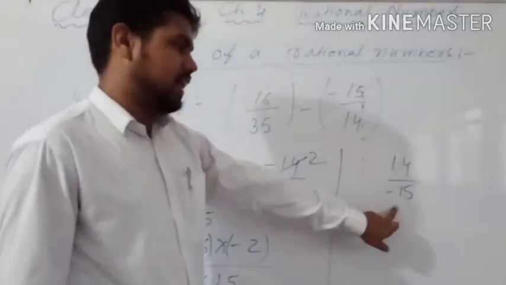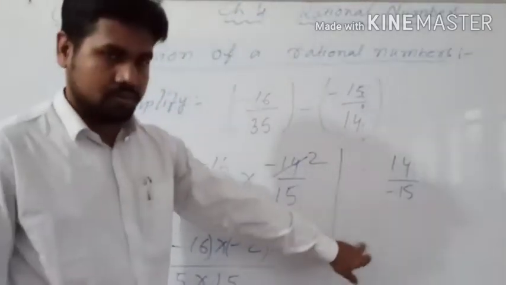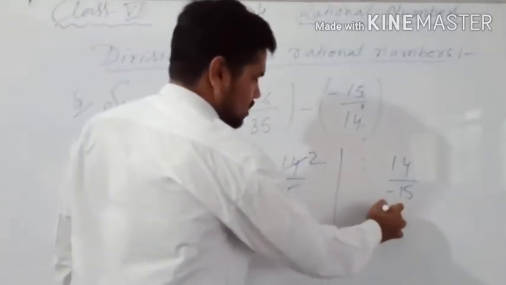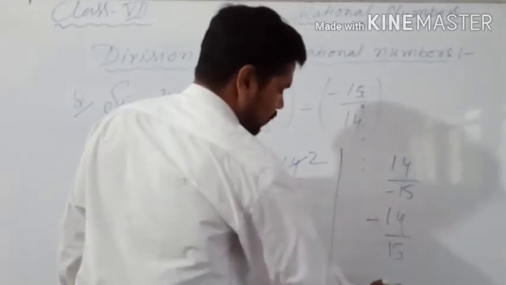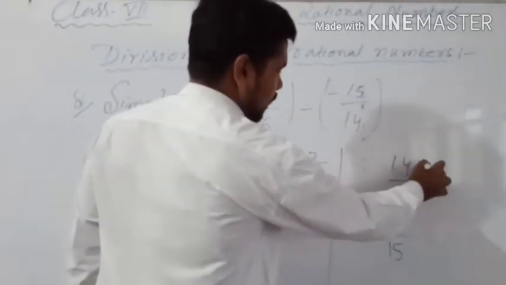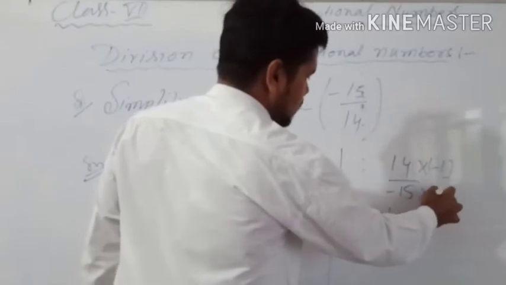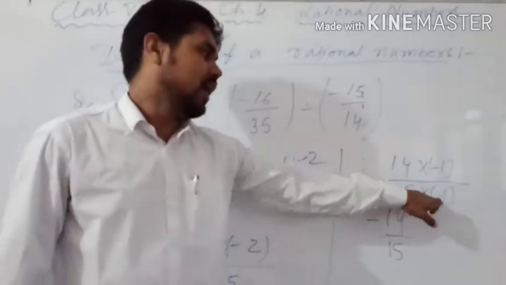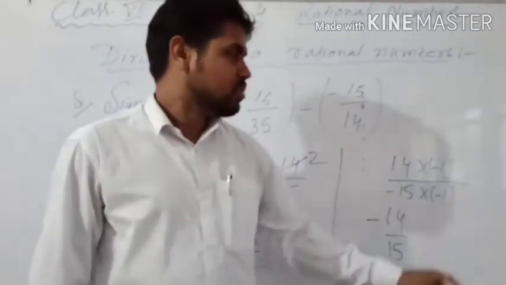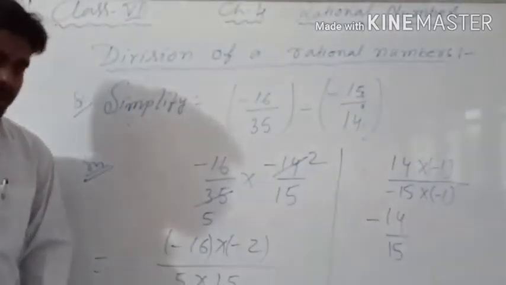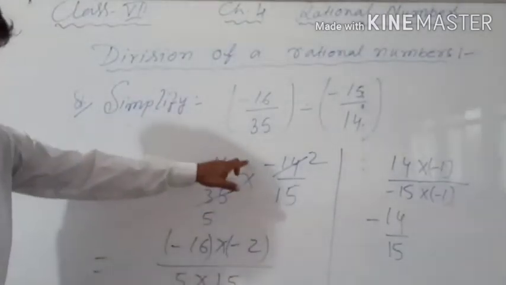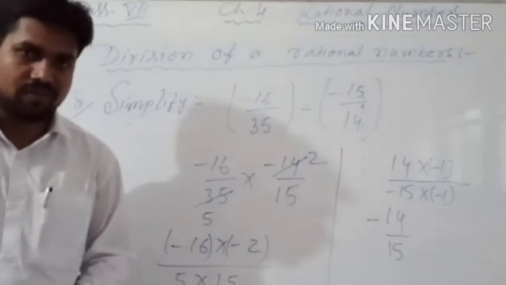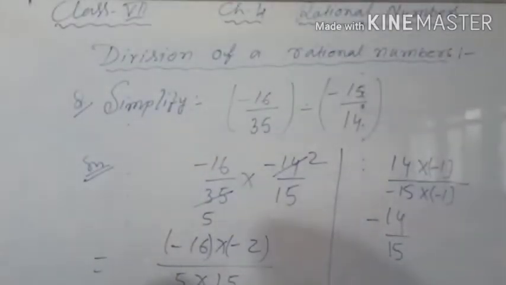We have learned in fractional numbers that 14 by minus 15 can be written as minus 14 by 15. How? By multiplying minus 1 with the numerator and also with the denominator. So it will be minus 14, and minus minus is plus 15. The rest we have already learned from the multiplication of fractional numbers, so you do it the same way. This is how you can simplify.